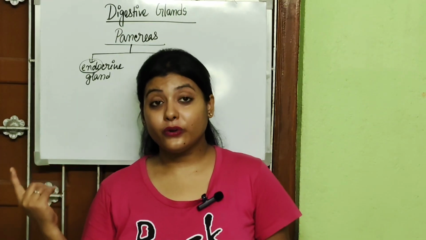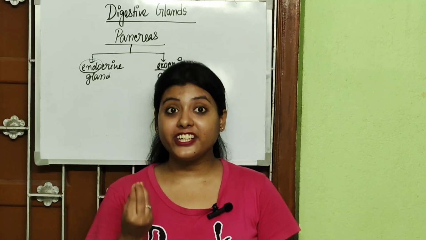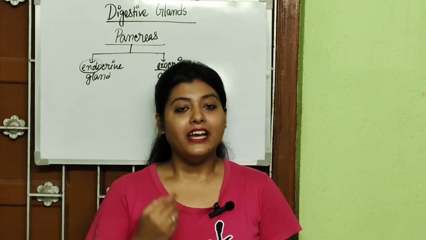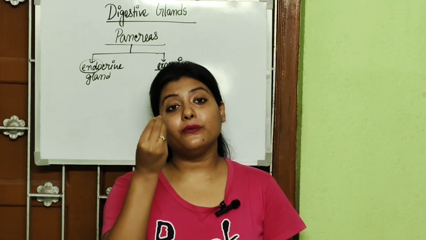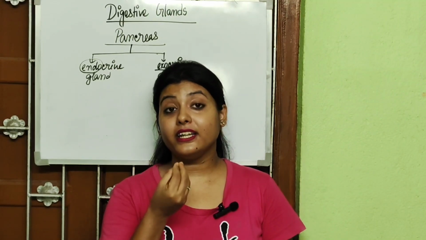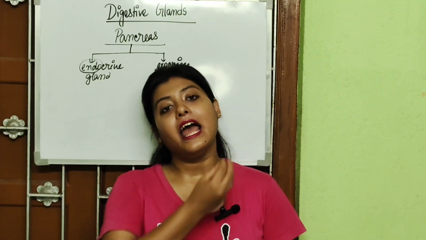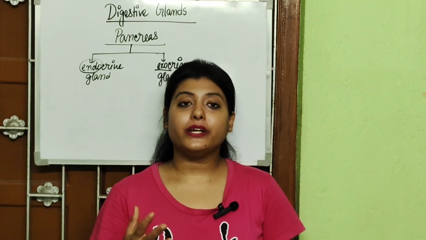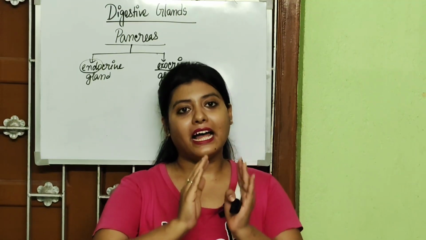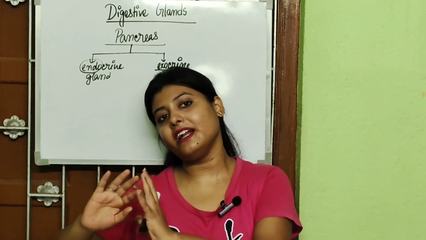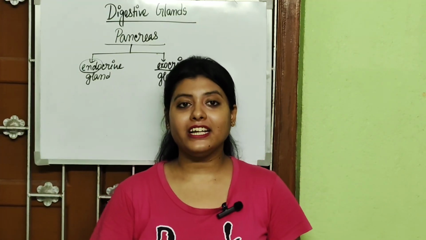I have already told you in the last class, there is the duodenum. The duodenum takes up three types of things. One is the chyme, which comes from our stomach. Another is the hepatic juice, or the bile, which comes from our liver, and the next one is the pancreatic juice. All of these three things come to the duodenum, and then are passed to the jejunum, and I have already taught you that the jejunum is the place for the final digestion.